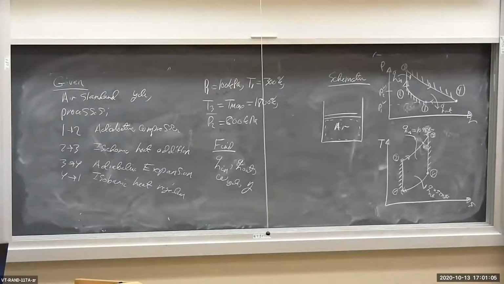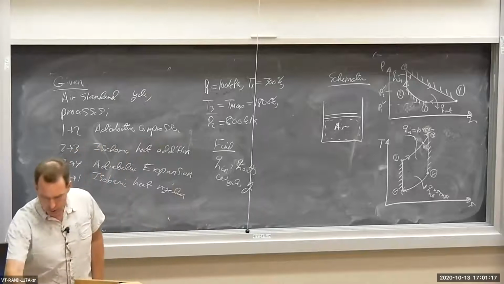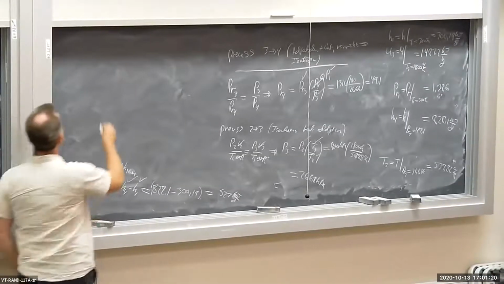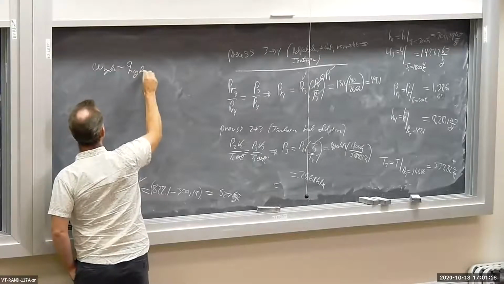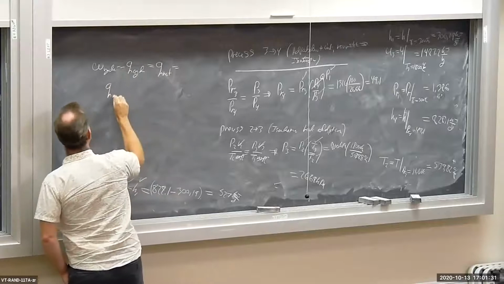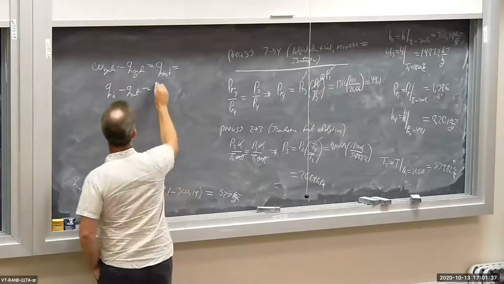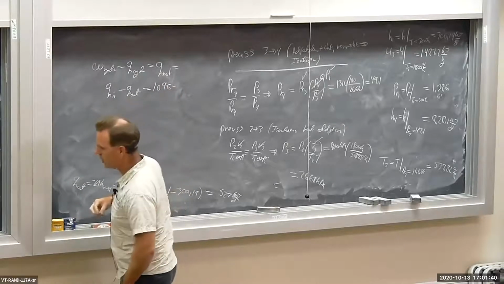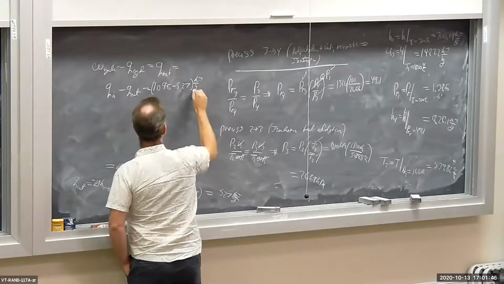It's the difference between the two, Q in minus Q out. So let's calculate the net work. W cycle, or net work, equals Q for the cycle, or if you like Q net, or if you like Q in minus Q out. So I have 1098 minus 527, and that all has units of kilojoules per kilogram.